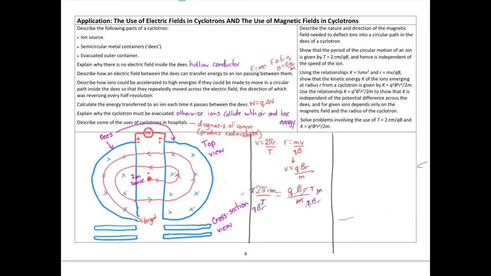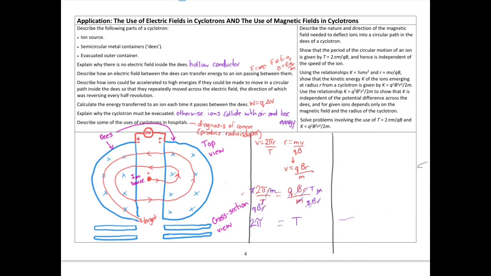QB's cancel and the R's, and we get left with period equals 2 pi. I made a mistake there, but see, I've got an R and an R there, so they cancel.